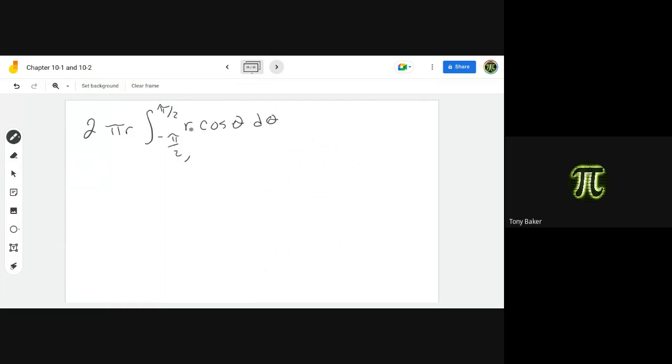What else can I do with this? The negative pi over 2 to pi over 2? It's still symmetric, right? Yeah, I can just do it from 0 and then double that, right? So I have 4 pi r squared from 0 to pi over 2. And then I just have cosine theta. So what's the integral of cosine theta?